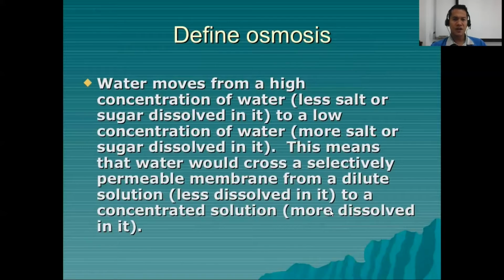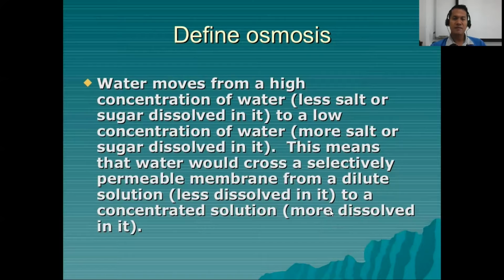Water moves from a high concentration of water where less salt or sugar is dissolved in it to a low concentration of water. This means that water would cross a selectively permeable membrane from a dilute solution to a concentrated solution.